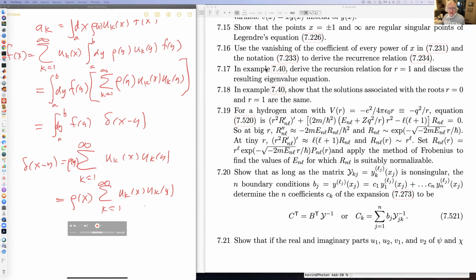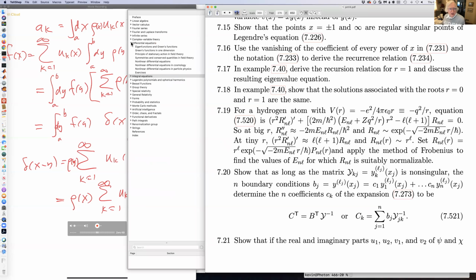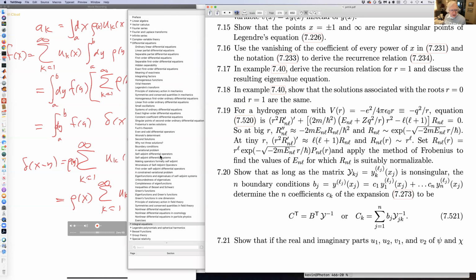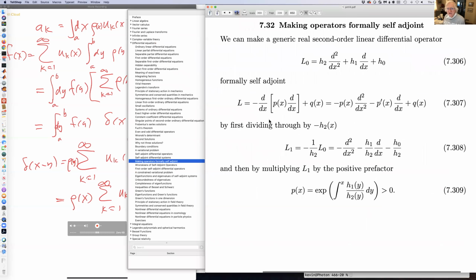All right, so let me get back to what I was trying to talk about, namely making differential operators self-adjoint. So if we start with a second order linear differential operator, it's linear in the unknown variable y.